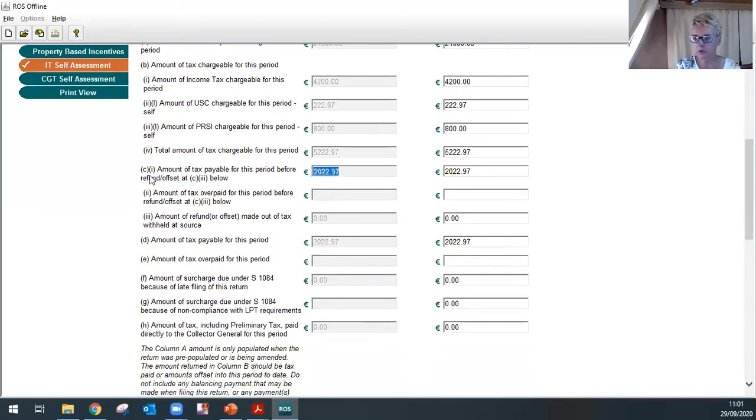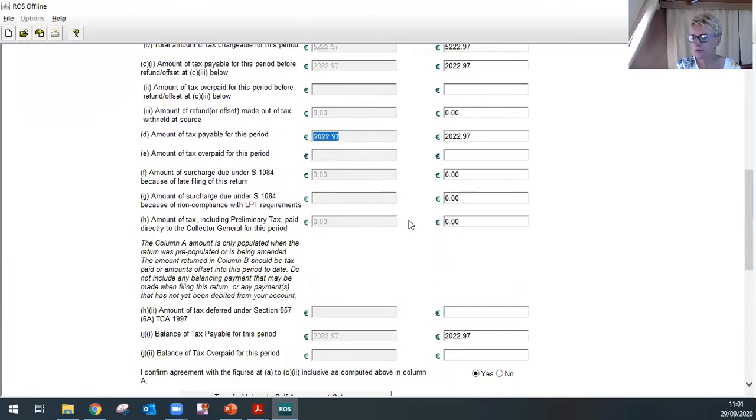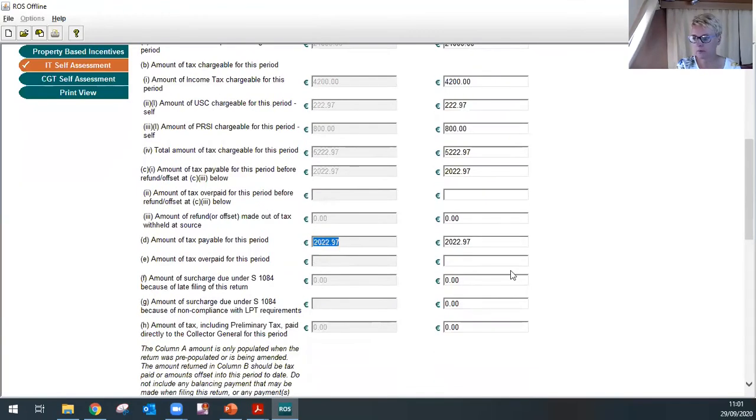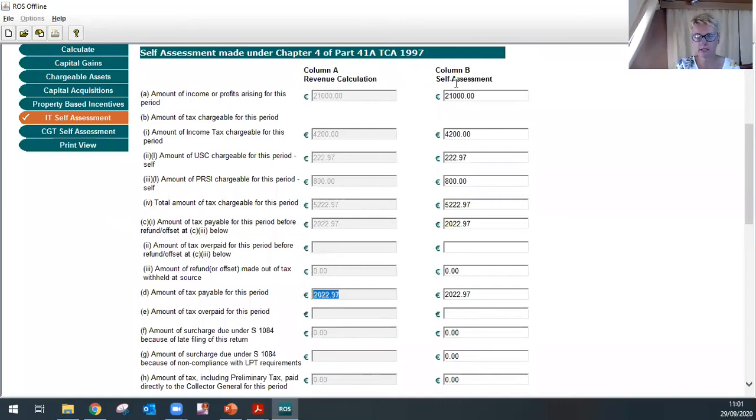So it goes into this field, amount of tax payable for this period before any refund. There were no refunds. Then amount of tax payable for this period, again, 2,022. And if you agree, this column would be blank. This is your self-assessment figures.